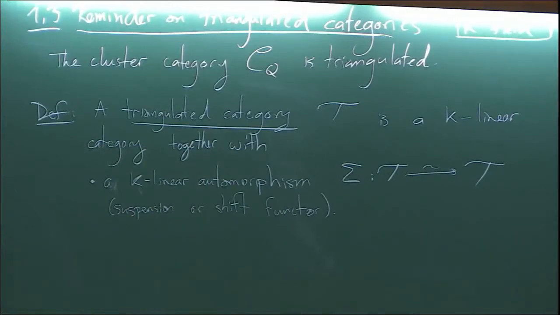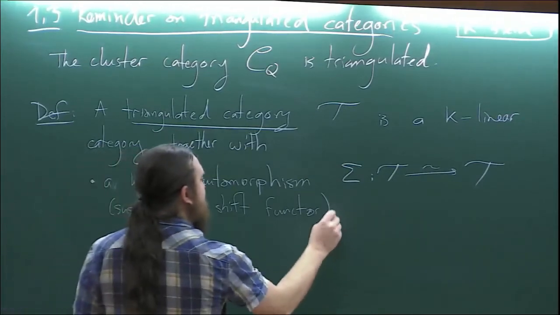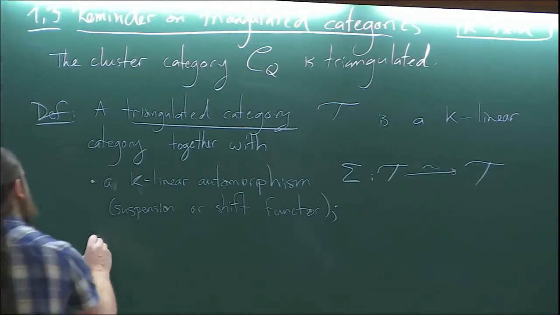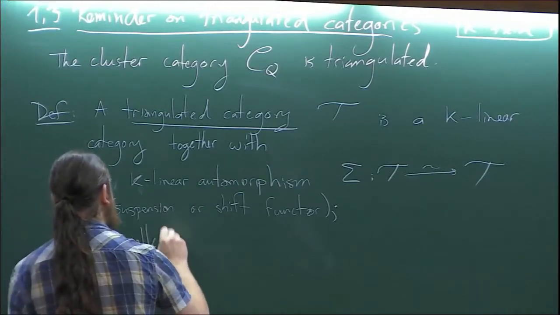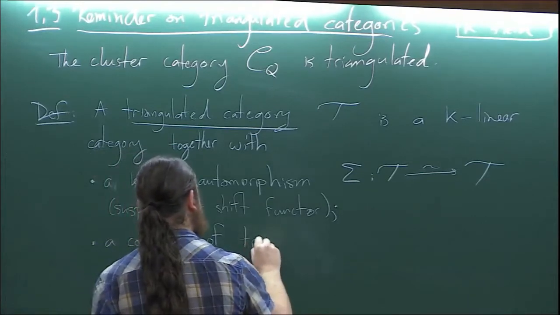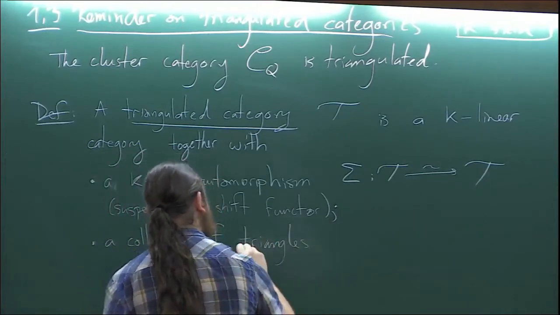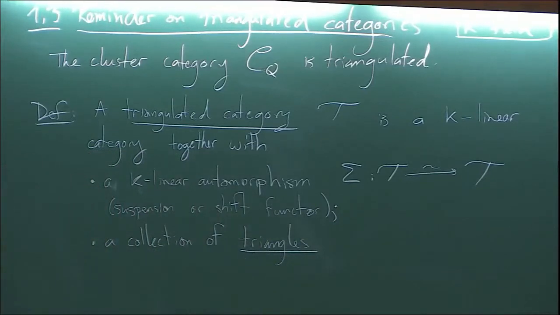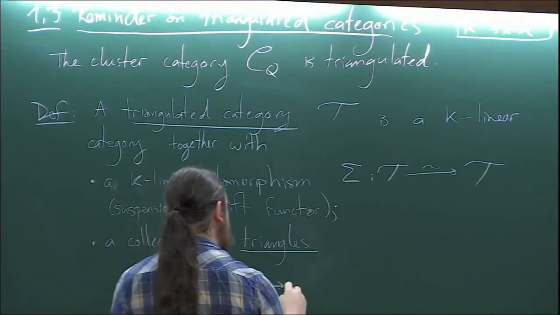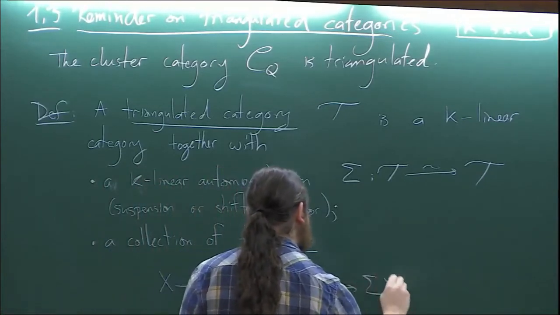So the two things are the same. And so that's one piece of information. The second piece of information you need is a collection of sequences of morphisms that one will call triangles. A collection of triangles. A triangle is a sequence of morphisms of the following form: X goes to Y, goes to Z, goes to sigma X.